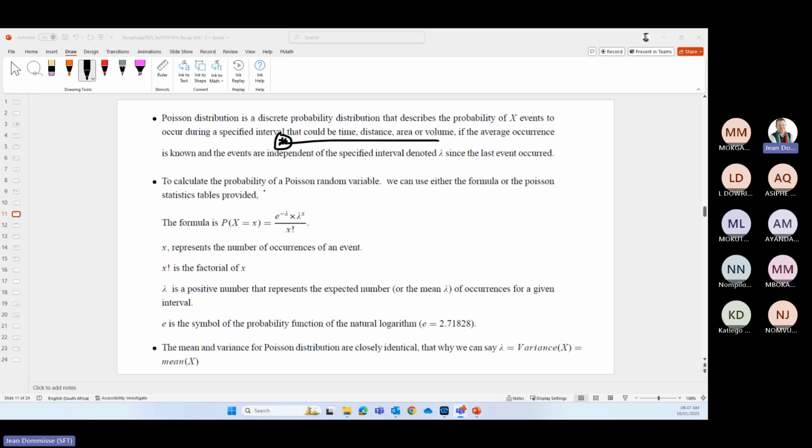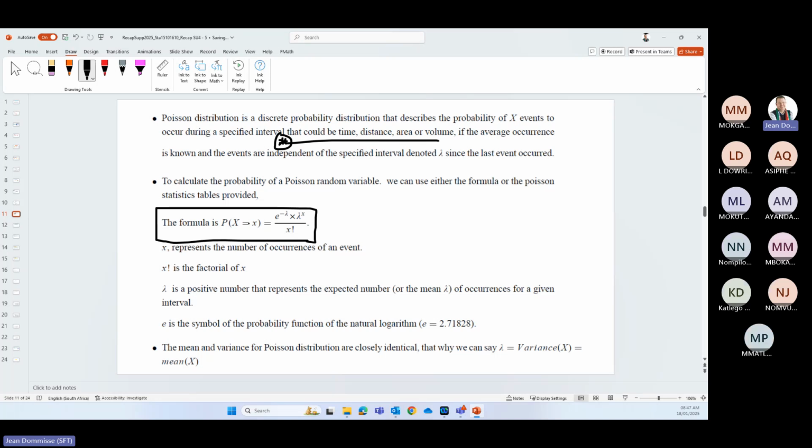With Poisson, again, we'll use the Poisson table, but if there is anything that we need to do with the formula, again, they will not ask us to work out the probability where x is smaller than 3, because then you need to do a few calculations.